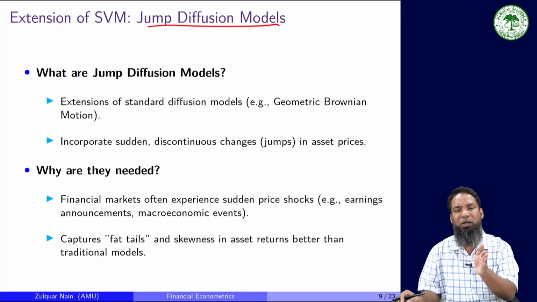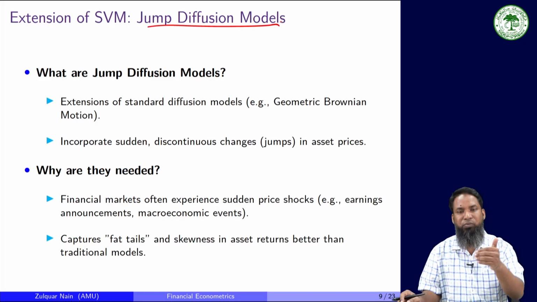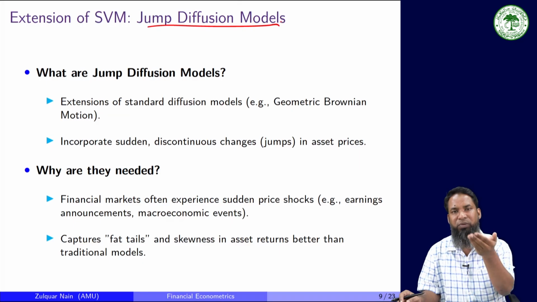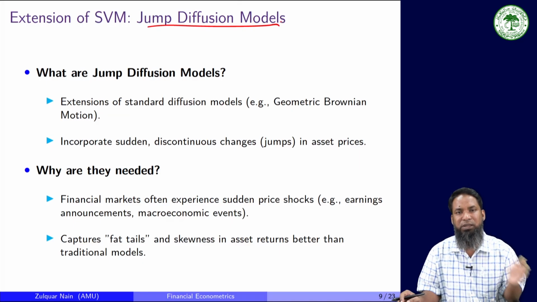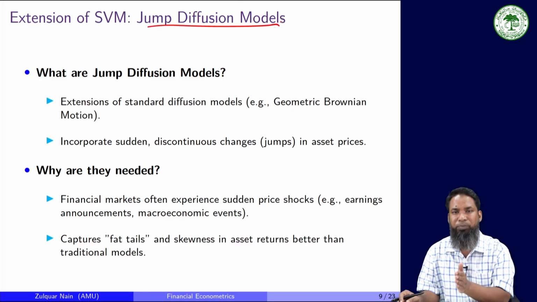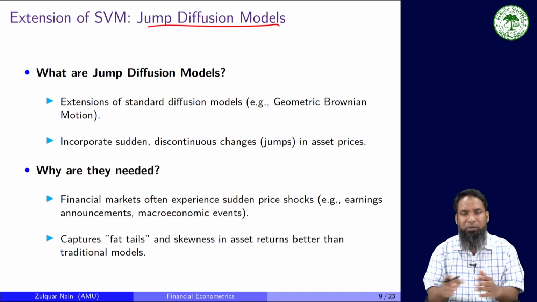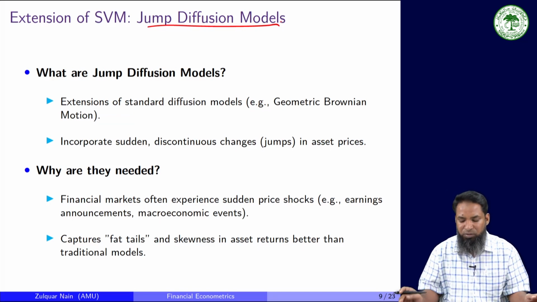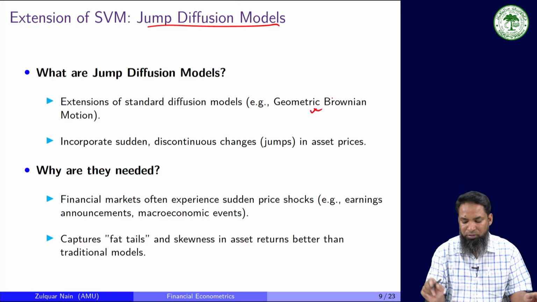There is no fractional day or day 1, day 2, day 3; rather, it is a continuous process. That is what we call diffusion models. So all those processes where we assume a continuous evolvement, for example stock prices, that is a continuous evolvement, there is no jump in that. And one of the diffusion models is the geometric Brownian motion.